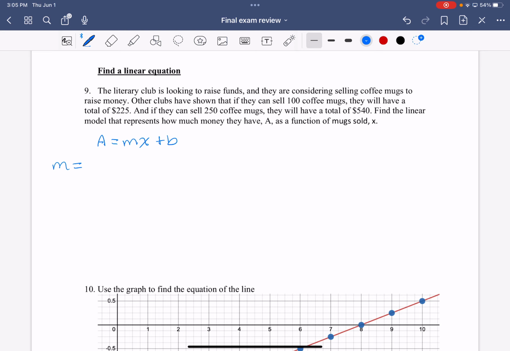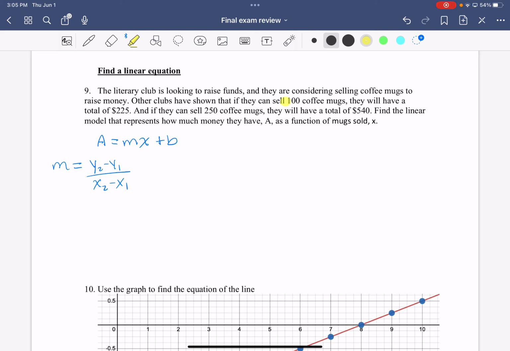On your formula sheet, there should be the formula to calculate m, the slope, which is y2 minus y1 over x2 minus x1. So in order to get the slope, you need 2 points. You're going to get the info to form those 2 points from the problem itself.